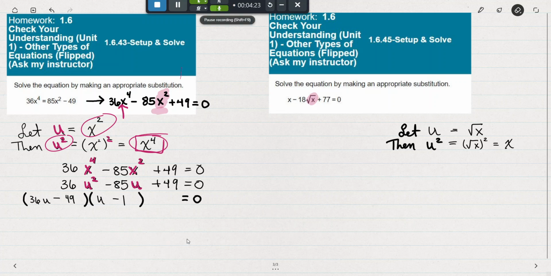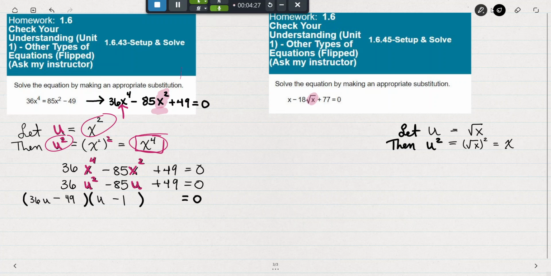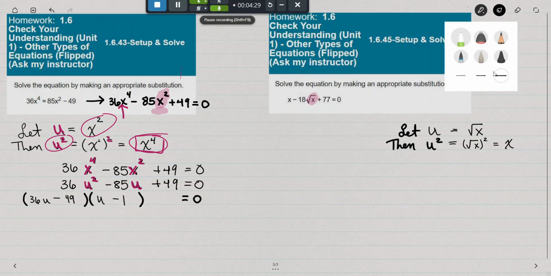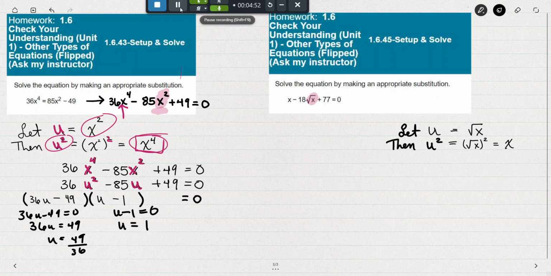And now I'll solve the quadratic equation by setting each of those two factors to 0. So I let 36u minus 49 equal 0. Adding the 49 to both sides, I'd get 36u equals 49. So u is 49 over 36, and u minus 1 equals 0 gives me u equals 1.